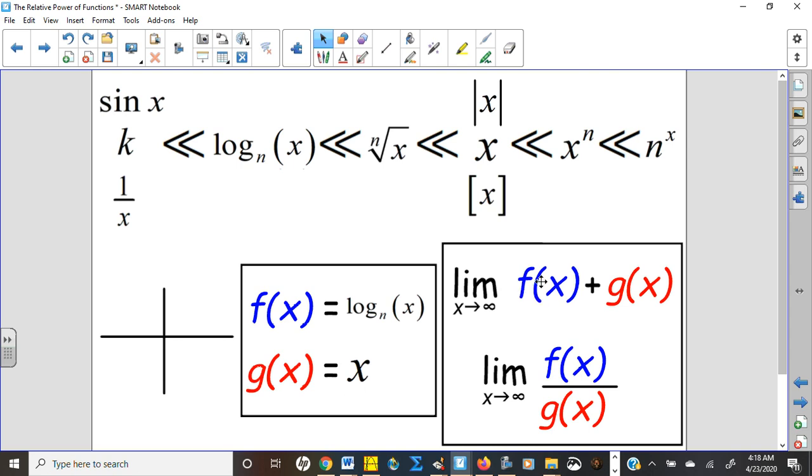Well, now if I was doing a comparison where I was doing the limit of x plus log base n of x, and I wanted to know what the end behavior was, well, I know that x is more powerful than log of x in both directions. Actually, log base n of x wouldn't even be defined to the left of the x-axis, less than 0. But x is more powerful, so the further out I go, this graph's just going to behave like x.